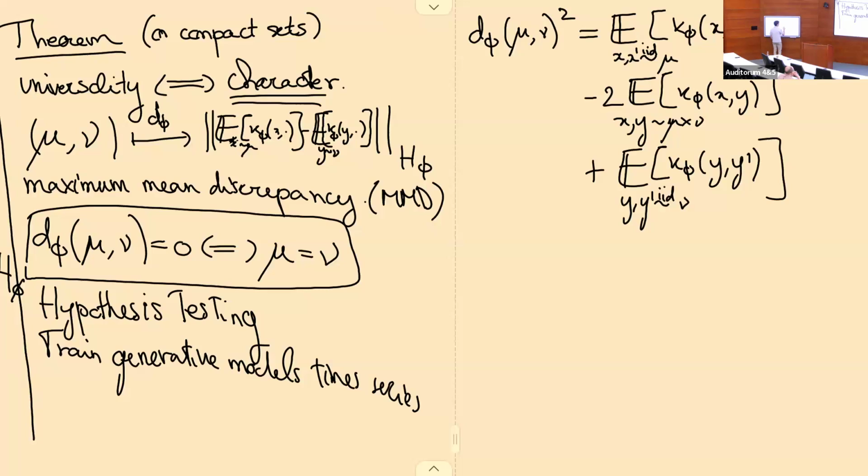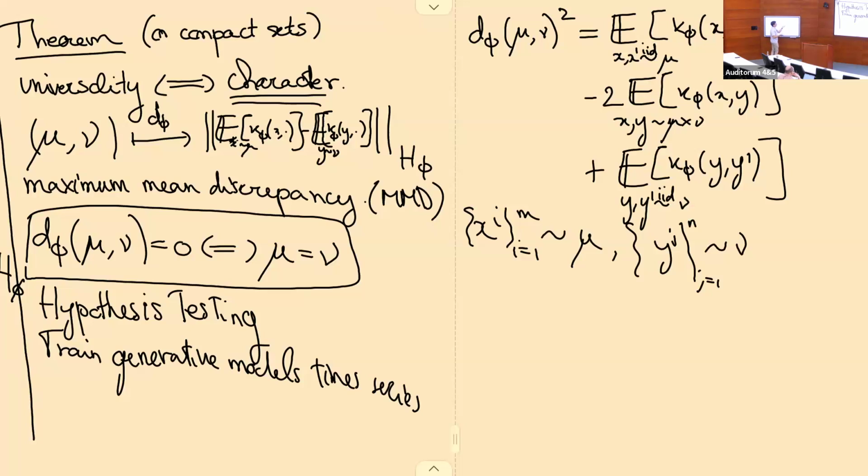If you have, for example, m sample paths from mu, and then n sample paths from the other measure nu, then you can just average.